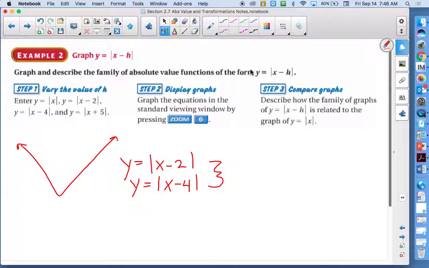So if we had the absolute value of x minus h, so that number inside is the h value, even though there's a minus there and you think minus usually means negative, move the left direction, in this case it doesn't. It's actually moving it to the right. So this moved our graph to the right.